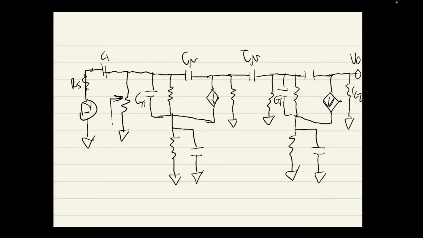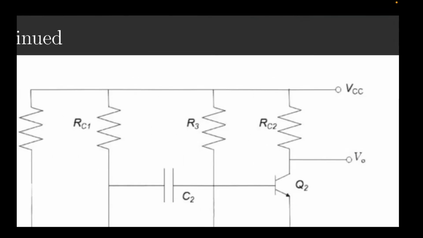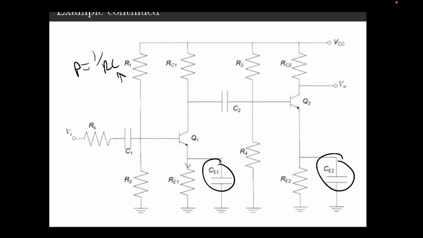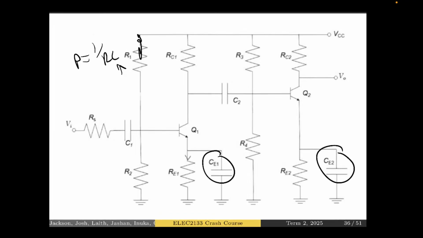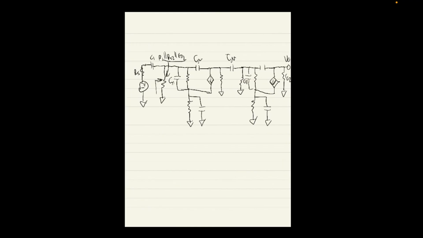This would be R1 parallel R2 parallel R pi 2, and that's from this circuit. I don't have much time to explain why, but this one is in parallel with this, and then it's parallel with the R pi resistor inside. So that'd be R in.